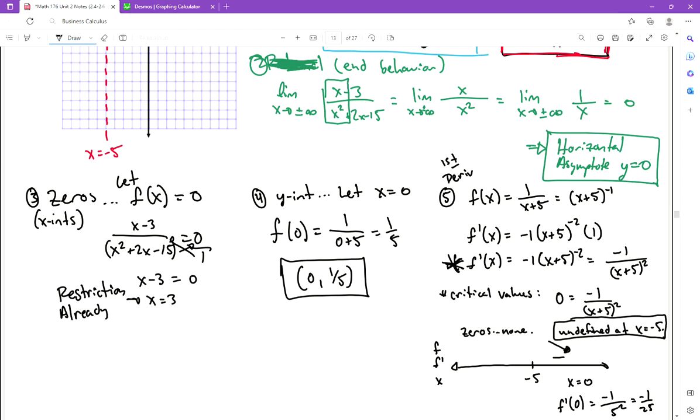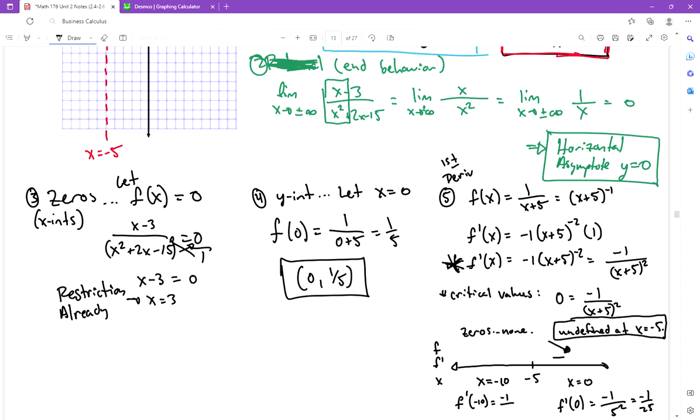Okay, and then let's plug in something smaller than negative 5, so like x equals negative 10. So if we do f prime of negative 10 and we plug that in, it would have been negative 1 over, so again, I'm using this starred one.